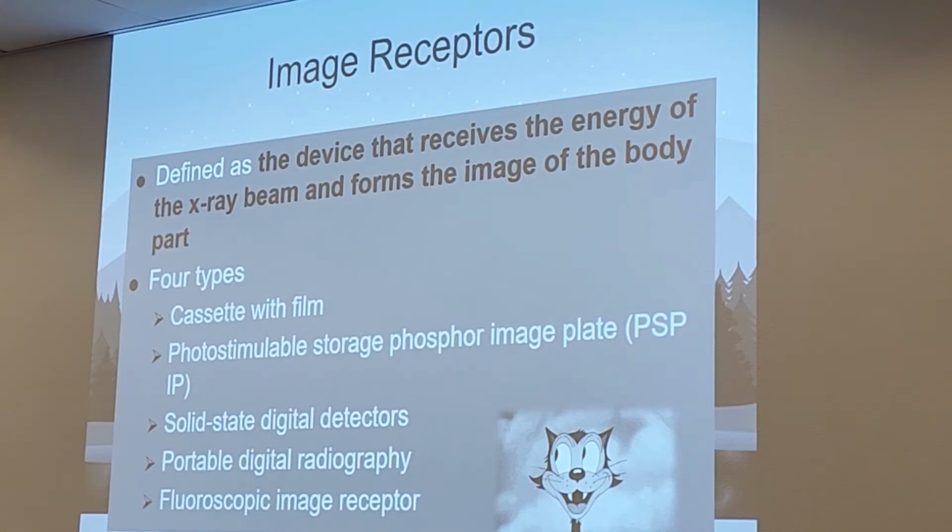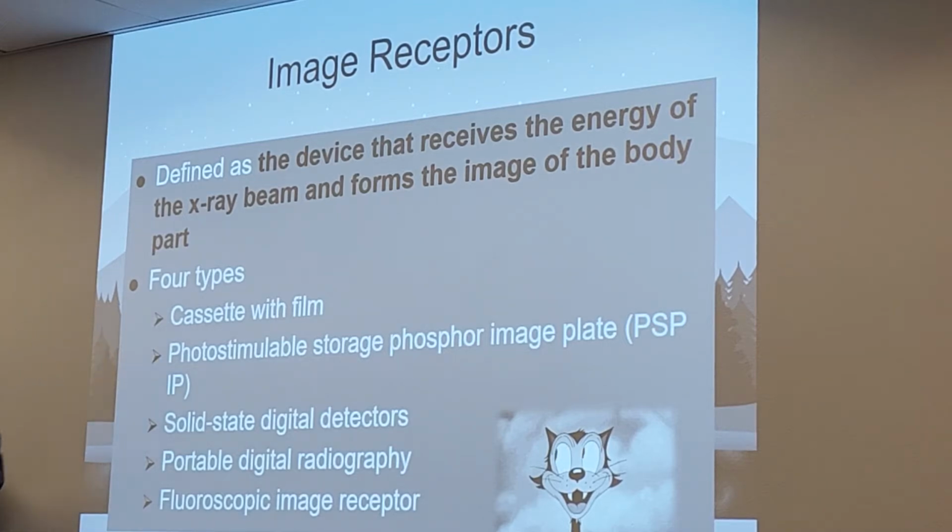Nowadays, you don't. What you will end up focusing on are these next 2 items. The photostimulable storage phosphor imaging plate and the solid state digital detector. So you've got your PSP cassette, and then you have your solid state, your digital detector. These are the two that you will see in lab.